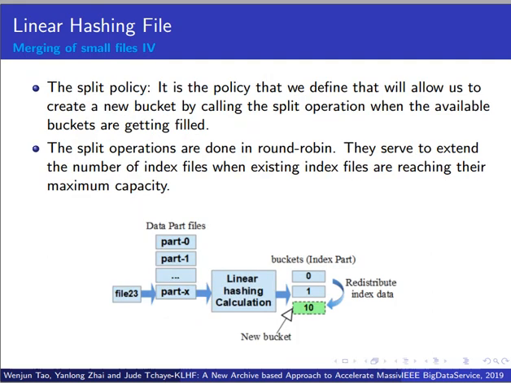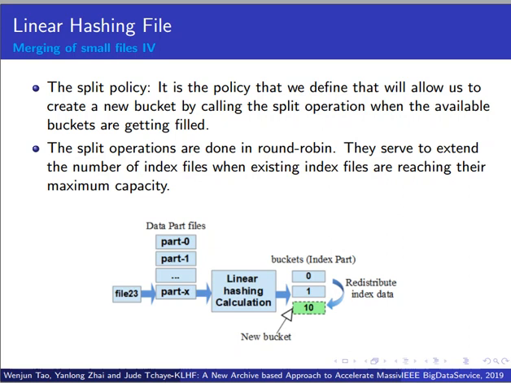The split policy is a policy that we define that will allow us to create a new bucket by calling the split operation when the available buckets are getting filled. The split operations are done in round robin.